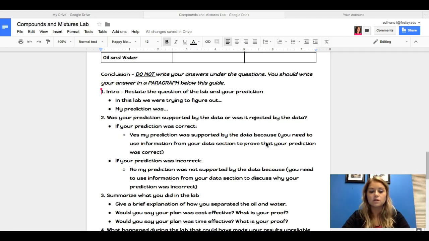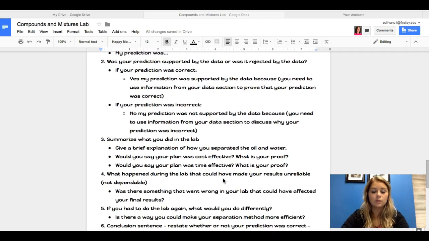If you think back to language arts, when you're reading a text and trying to answer a question, you need to use the evidence from that text to support your answer. That's what we're going to be doing here. So as you're writing, whether your prediction was correct or incorrect, you need to use the evidence, which is the data that you collected in this lab, to support it.